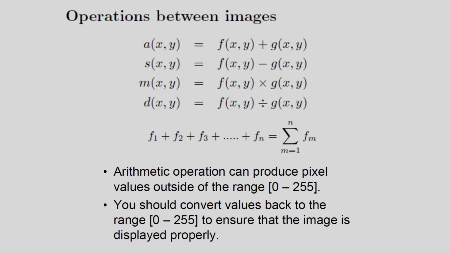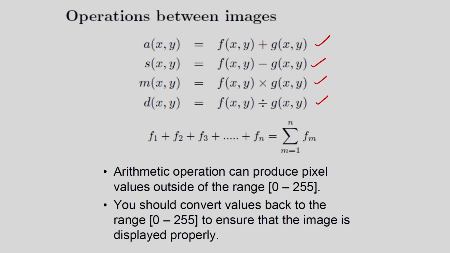And I can do some operations between images. So first you can see the addition of two images, the subtraction of two images, that is g(x,y) is subtracted from f(x,y). So this is the subtraction operation, multiplication of two images, and you can see the division operation.